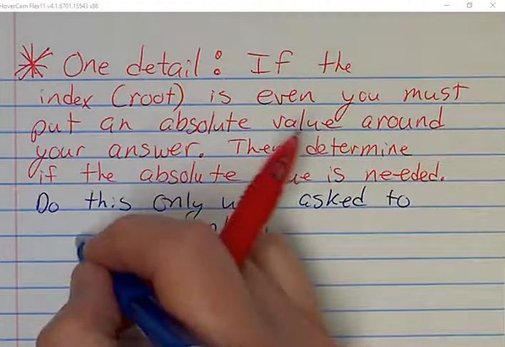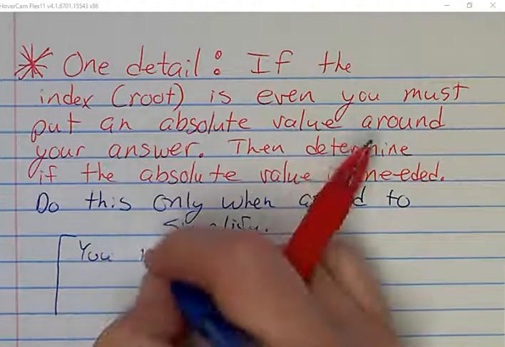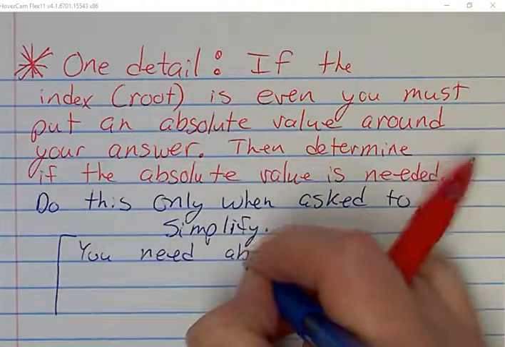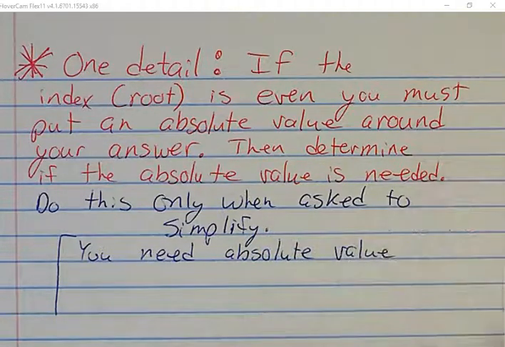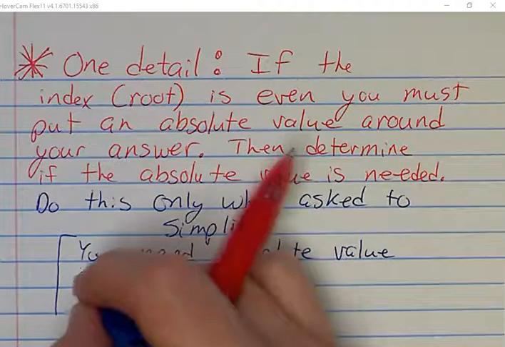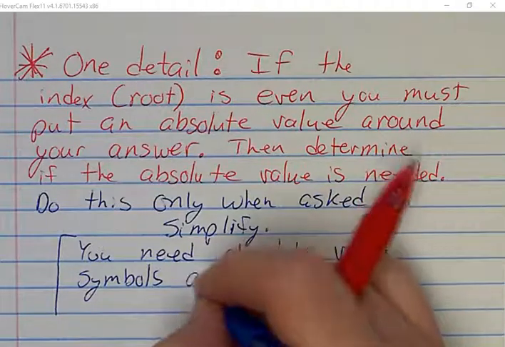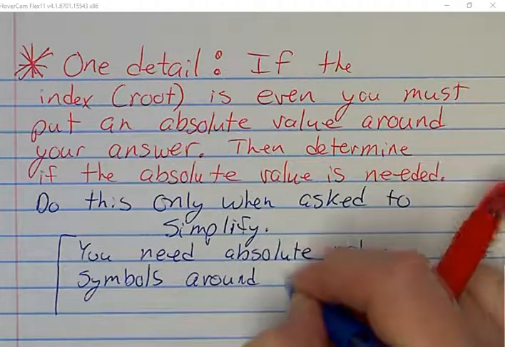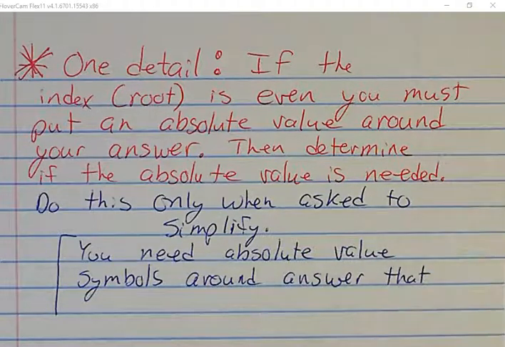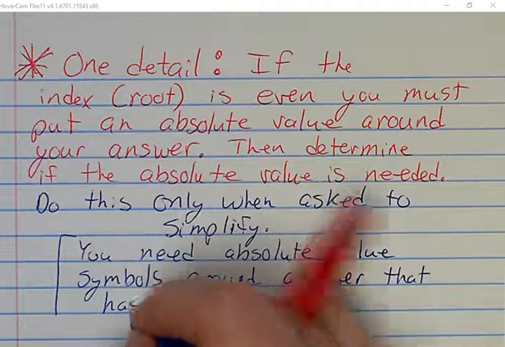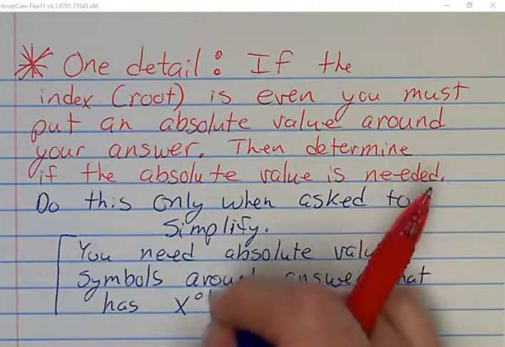Now, here's the big thing that we're looking at. You need the absolute value symbols around the answer that has, what I say, x to an odd power.